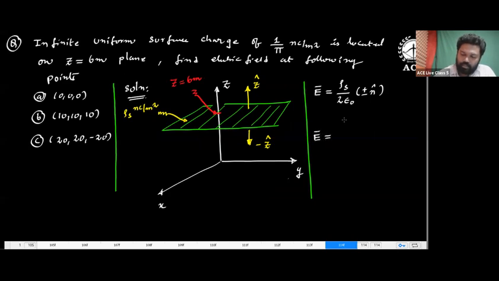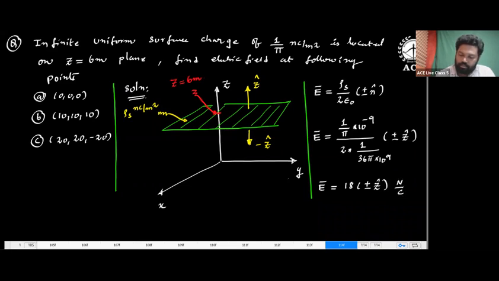E is equal to 1 by pi into 10 to the power of minus 9 divided by 2 into 1 by 36 pi into 10 to the power of 9, into the normal to the infinite sheet, plus or minus Z cap. E is equal to, how much is this? You will get 18 plus or minus Z cap Newton per coulomb.